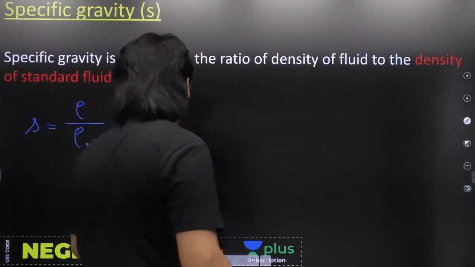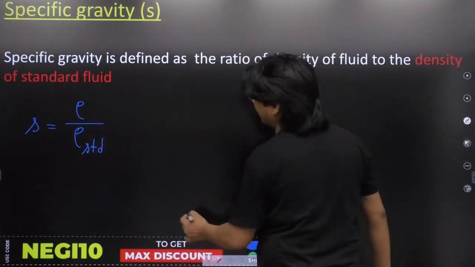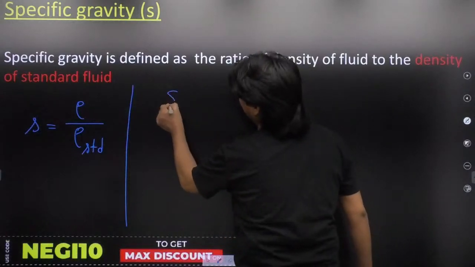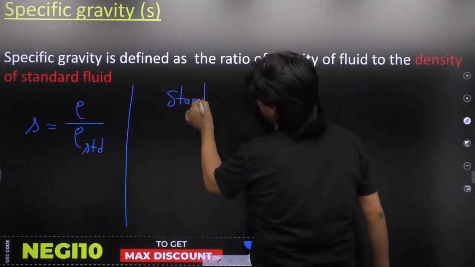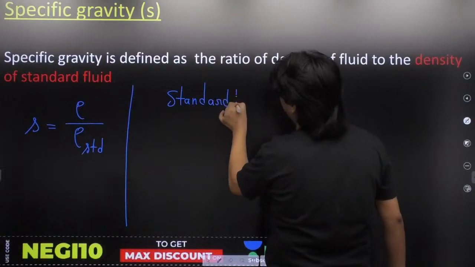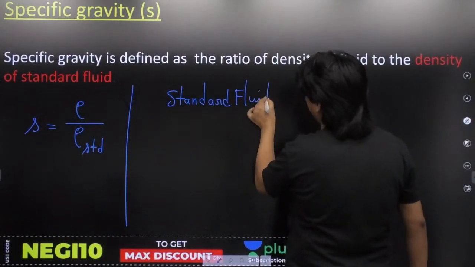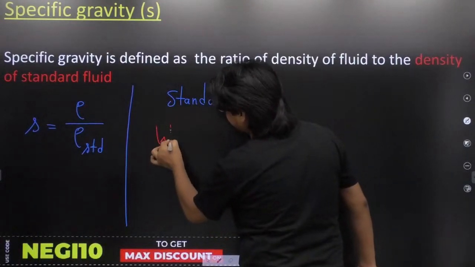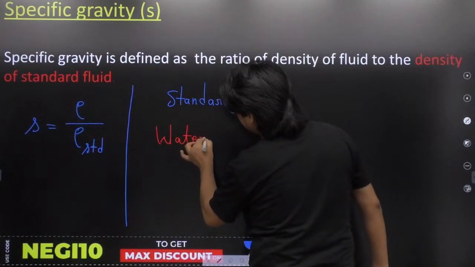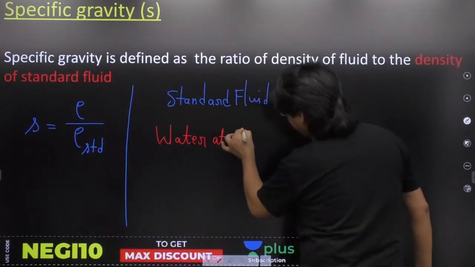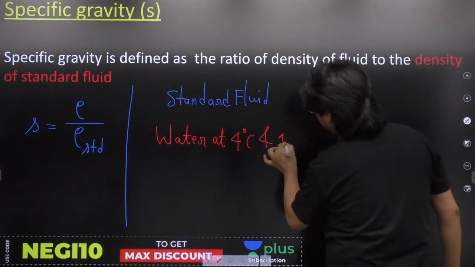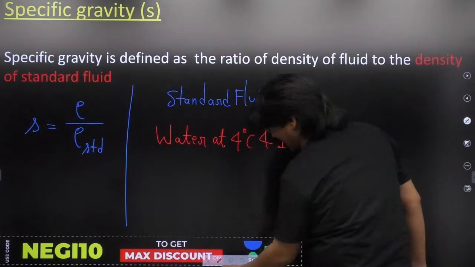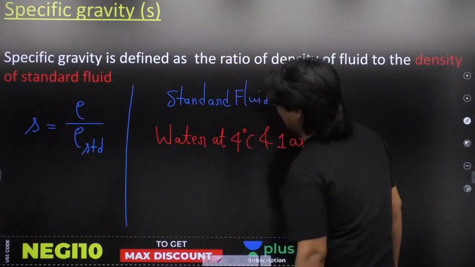As per our definition, standard fluid is what I have discussed earlier: water at 4 degrees Celsius and 1 atmospheric pressure. The water which I have at 4 degrees Celsius and 1 atmospheric pressure behaves as the standard fluid.